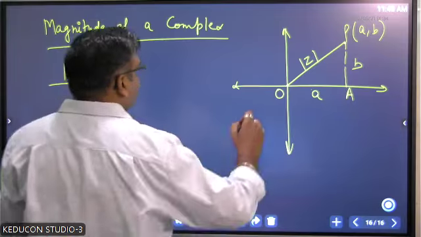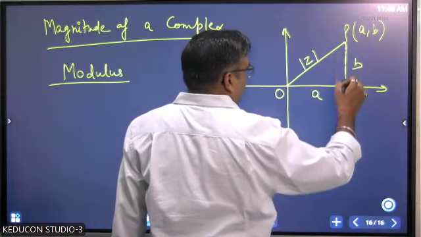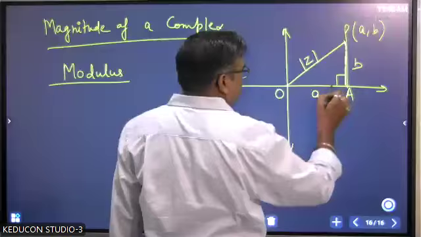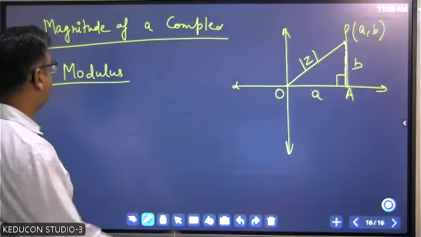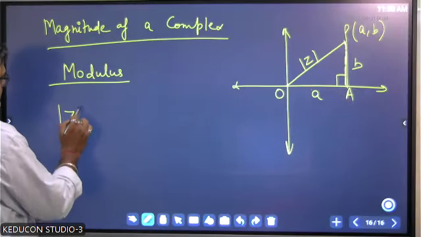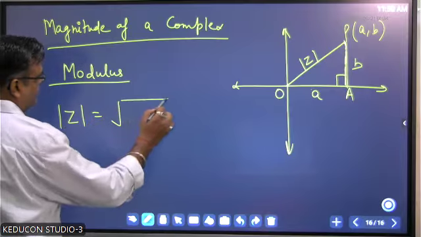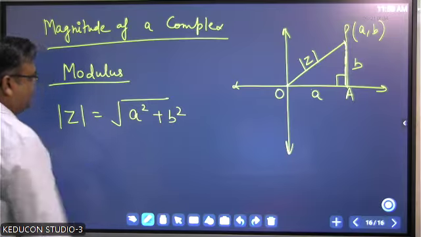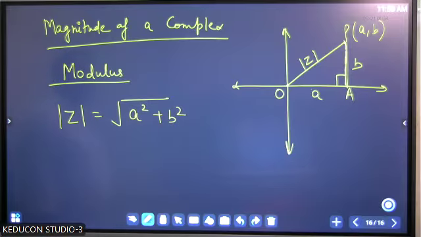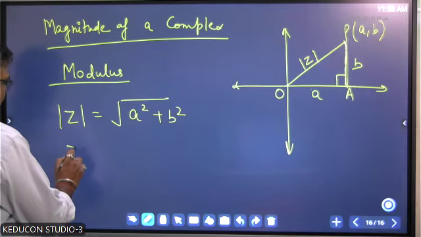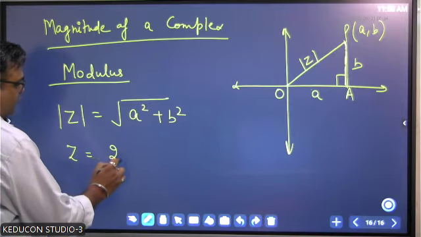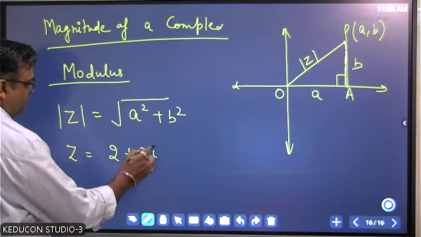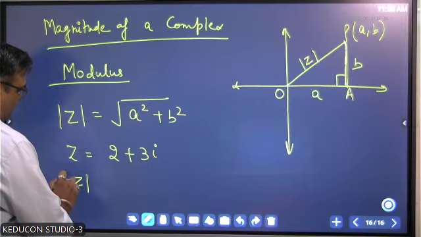Now, for this modulus, if you apply the Pythagoras theorem here, what will be mod Z? Right, students? So this will be the under root of a square plus b square. Suppose you have any complex number 2 plus 3 iota. You have to find the modulus of this.